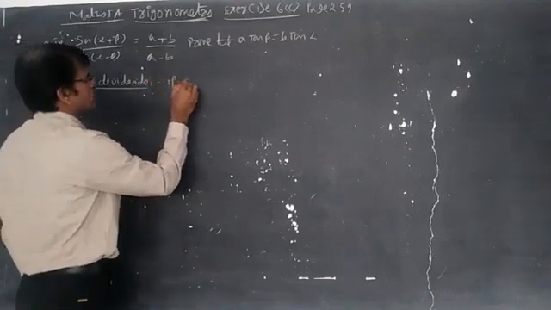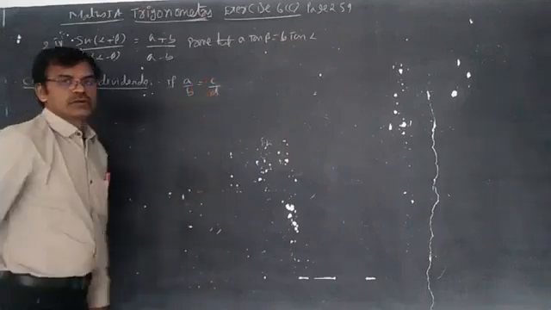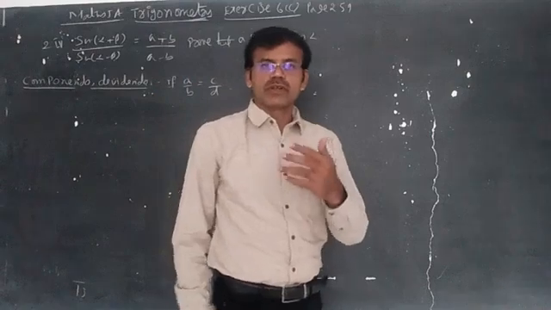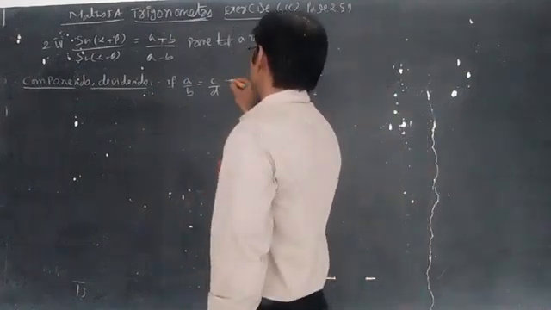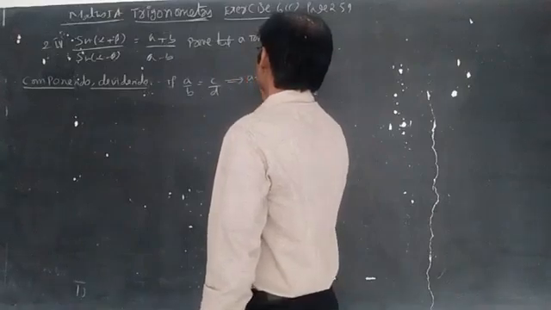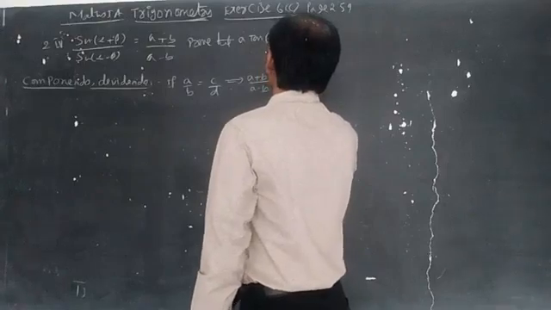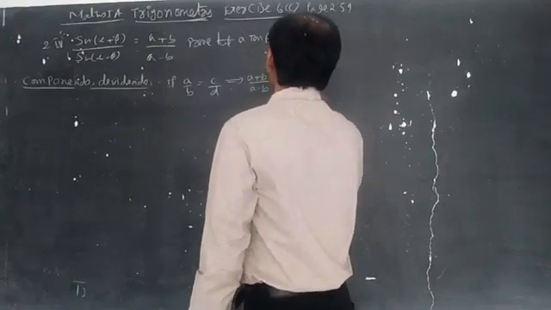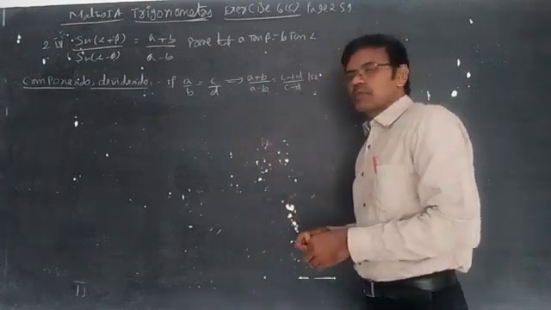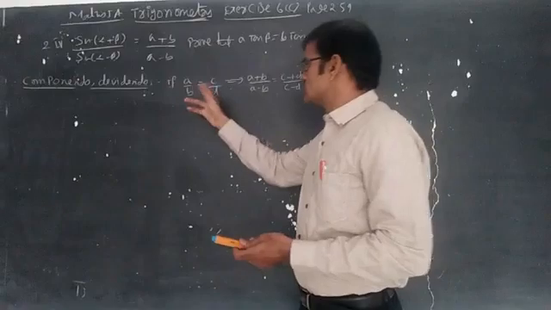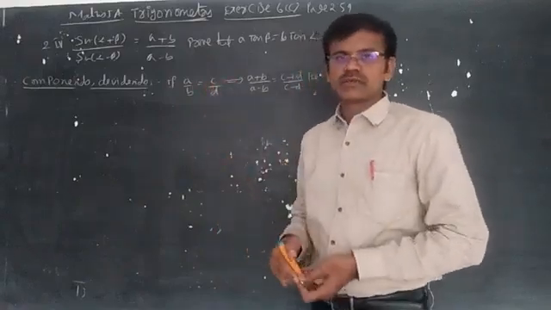If a by b is equal to c by d, if the two fractions are equal, that implies a plus b by a minus b is equal to c plus d by c minus d. That's all.